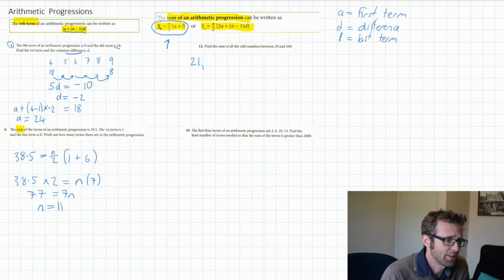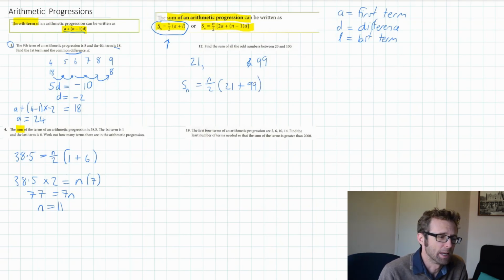I know my last term is going to be 99. I want to know Sn. I know A is 21, and I know L is 99. What is N going to be?